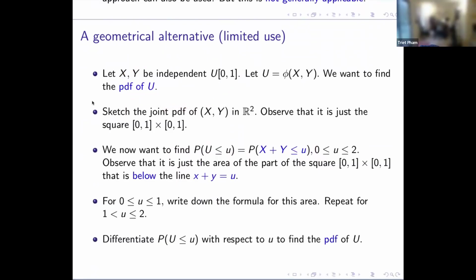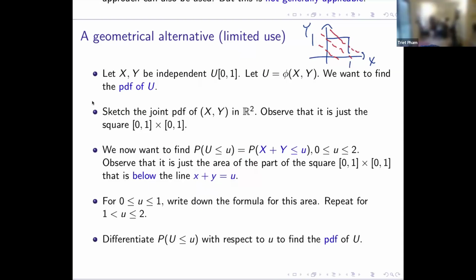The reason is, when you have x and y like this, the line x plus y equals u can be drawn through with this.